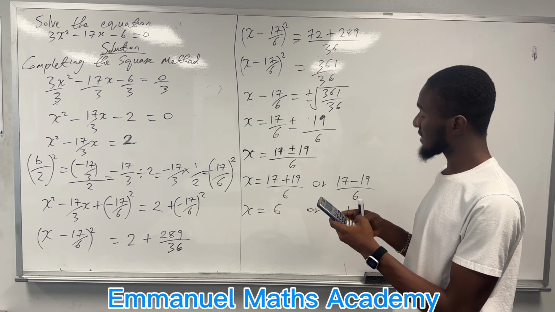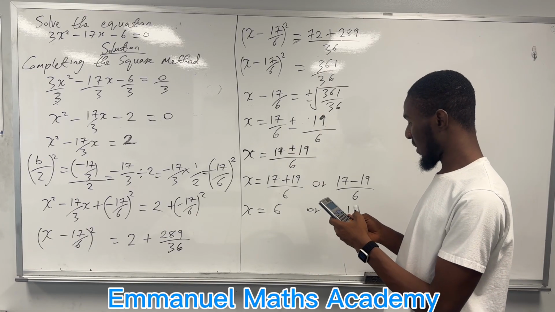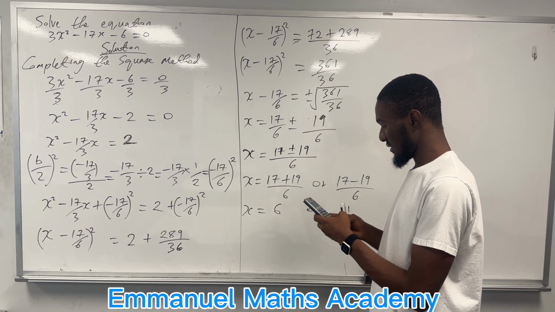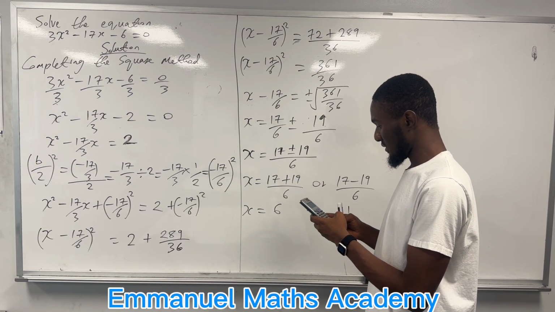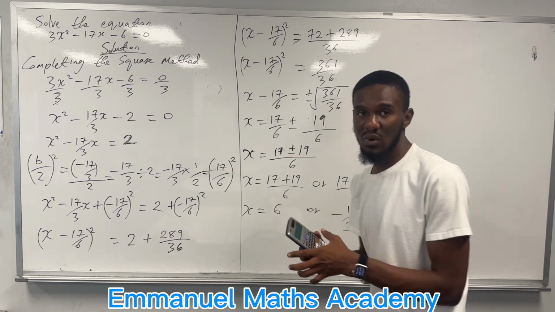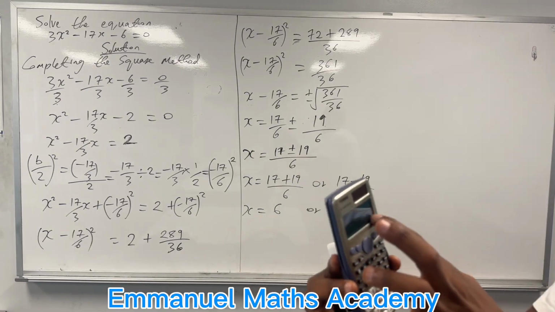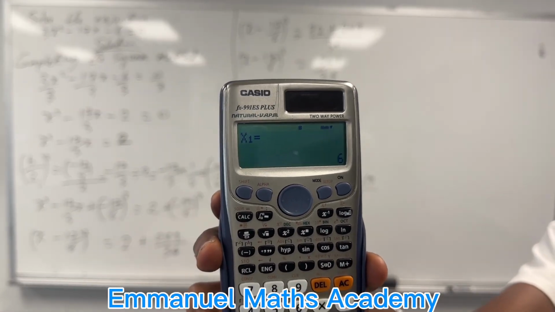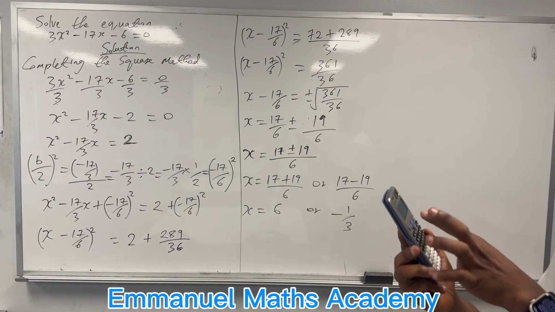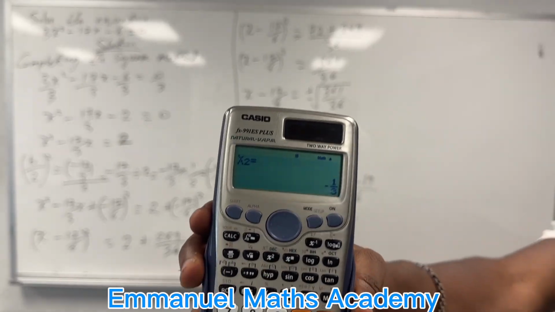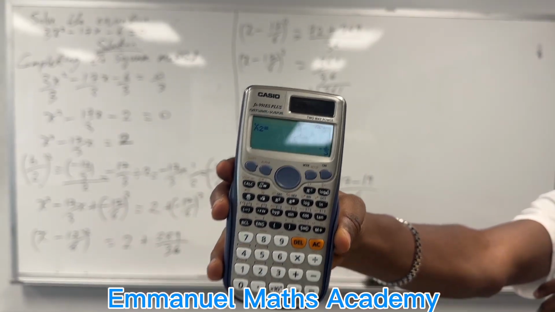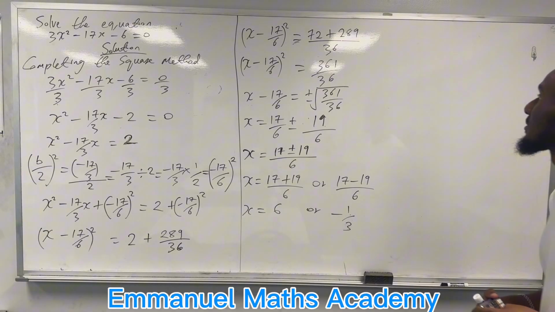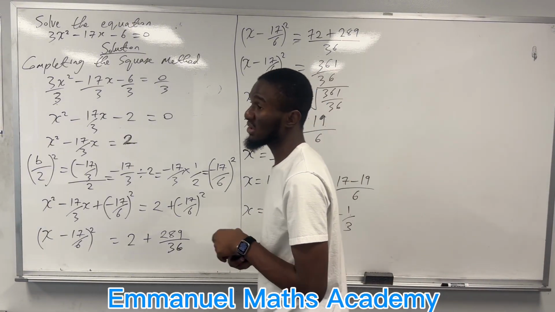So x1 is 6, and our x2, another value of x, is minus 1 over 3. So we are correct.